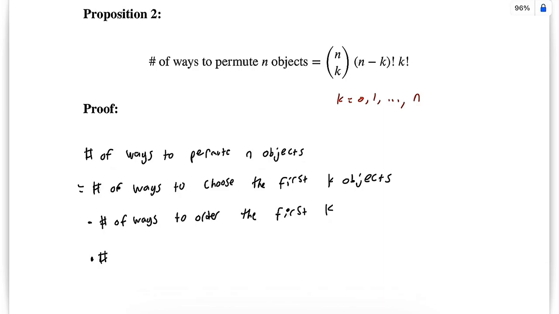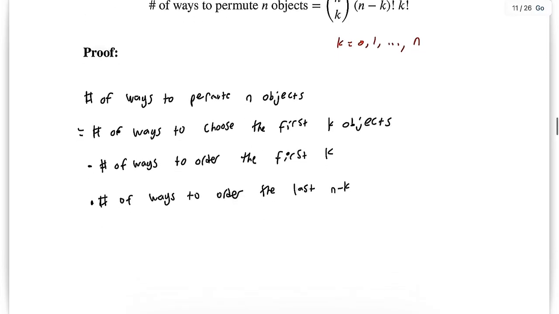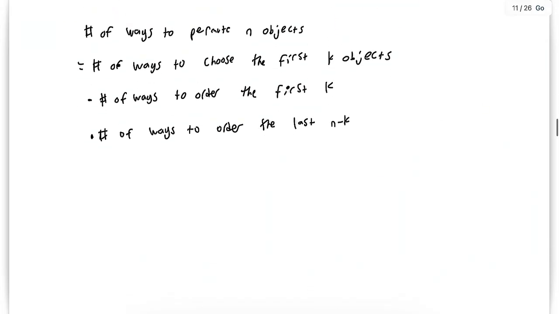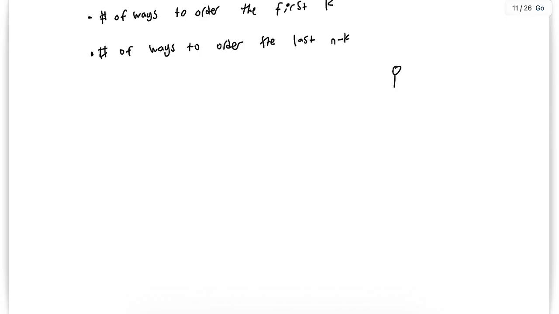And similarly, all the people who aren't those k, the remaining n minus k, also have to be ordered. So this is times the number of ways to order the last n minus k, right? You can imagine you have some kind of line of people. For example, let's draw a bit of a picture here. We have some n people.